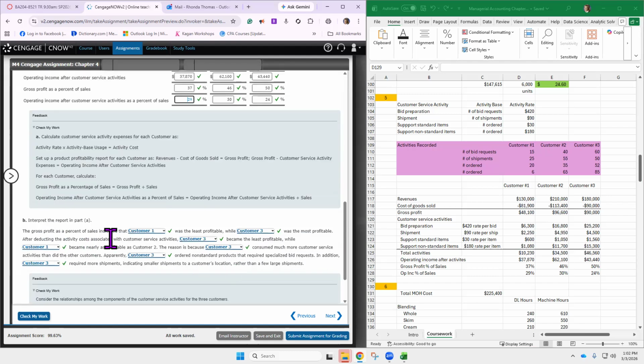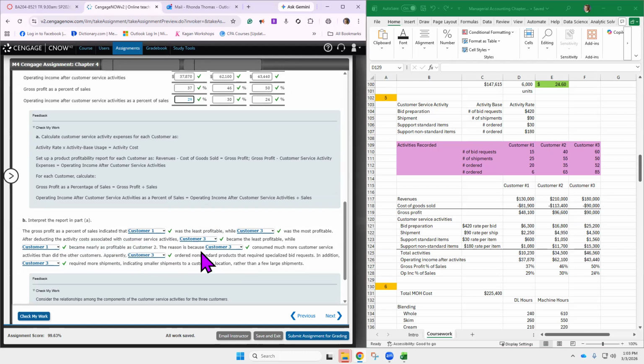The gross profit as a percent of sales indicated that customer 1 was the least profitable, while customer 3 was the most profitable. After deducting the activity costs associated with customer service activities, customer 3 became the least profitable, while customer 1 became nearly as profitable as customer 2.